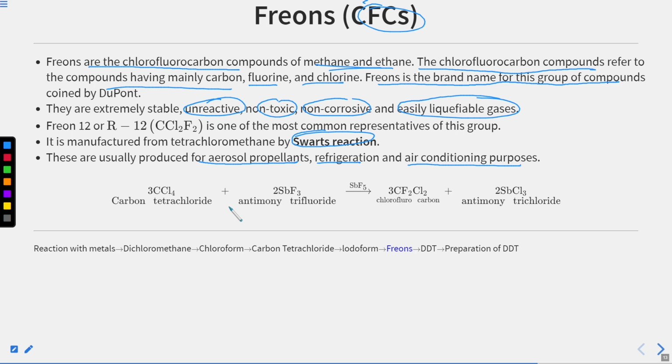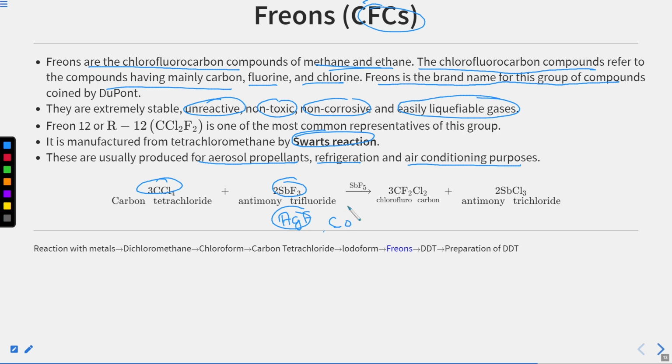Now, it is prepared by the Swarts reaction. How is it prepared? First we take carbon tetrachloride and treat it with SbF3. You must remember this reaction, the Swarts reaction. It is a halogen exchange reaction used for the preparation of fluorides. We can use AgF also, or SbF3, or you can use CoF also.